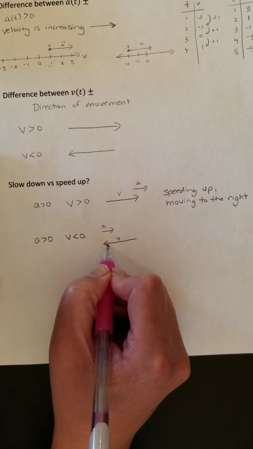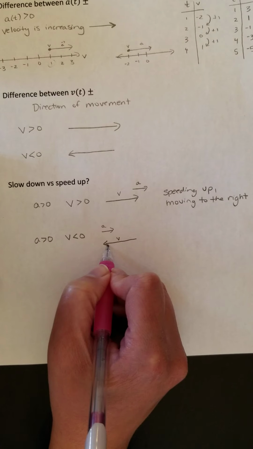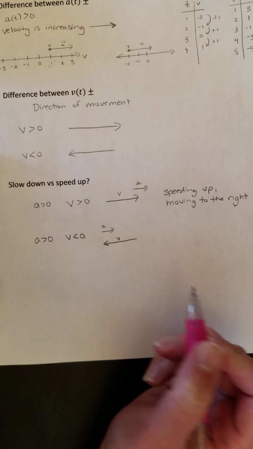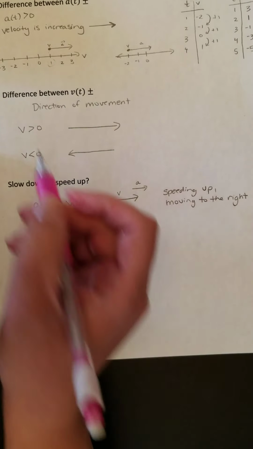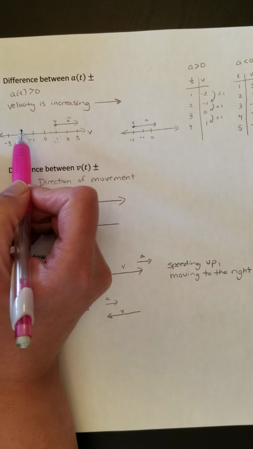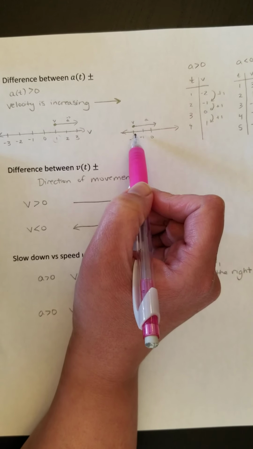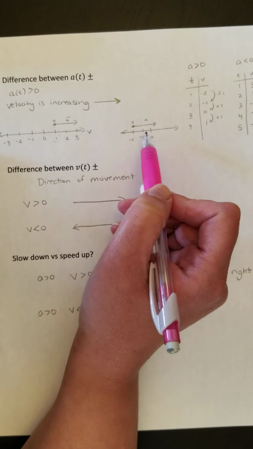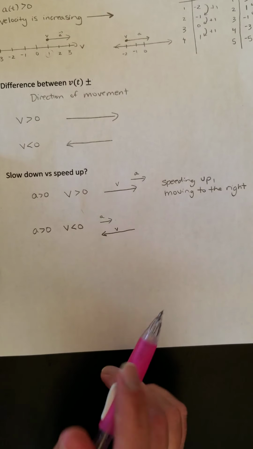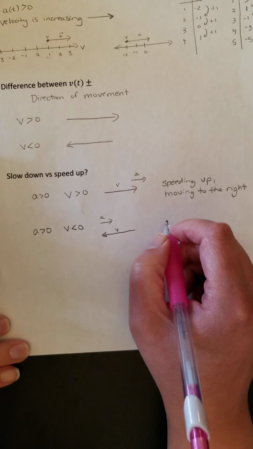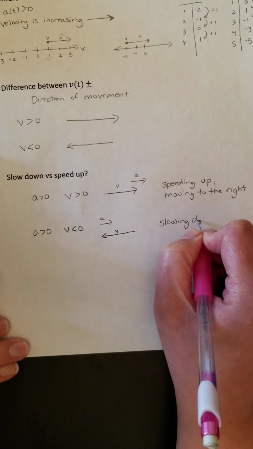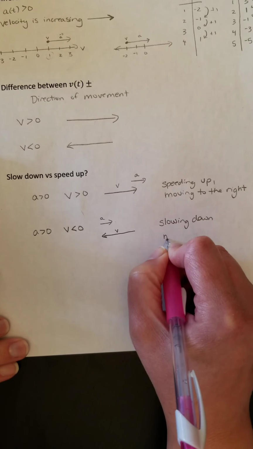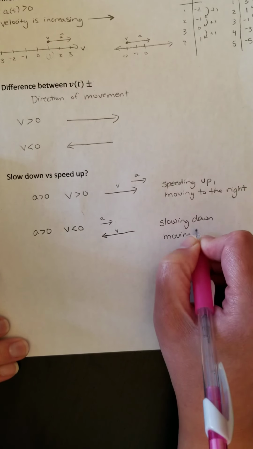If you increase -5, make it a bigger number, that's getting closer to 0. -4 is bigger than -5. So you're increasing the value, bringing it closer to 0 because it was negative. So that would be like back here where you've got a negative value for velocity, and if you increase that, it actually comes out to a smaller number. So this would be slowing down and you're moving to the left.